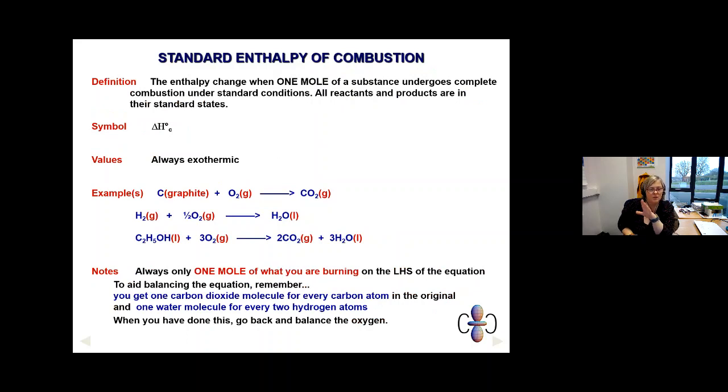To aid balancing, as always, you have to stick by the fact that you can't create nor destroy things. To make balancing much easier, remember that you need 1 carbon dioxide molecule for every carbon atom in the original. In the same sense, water is created from 2 hydrogen atoms, so you need 1 mole of hydrogen to make 1 mole of water.